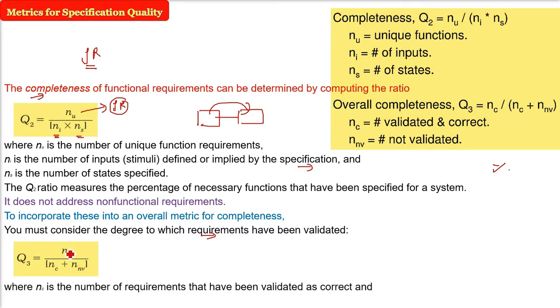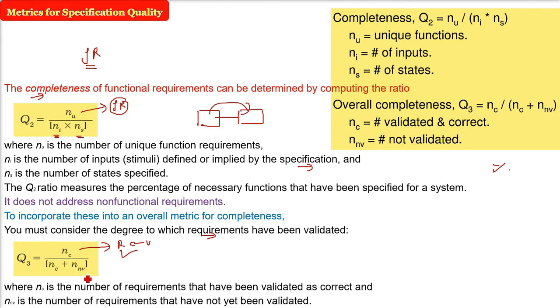Now NC is the number of requirements that have been validated, and we are saying that these are correct. That is why we have NC. They are validated and they are correct. What about NV? These are the number of requirements that have not yet been validated. So this is Q3, which is the overall completeness metric.